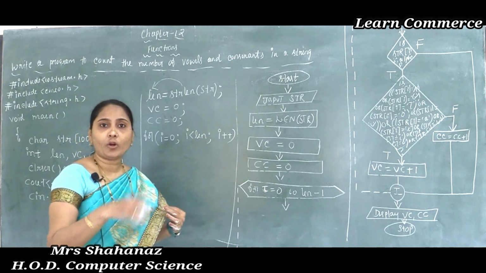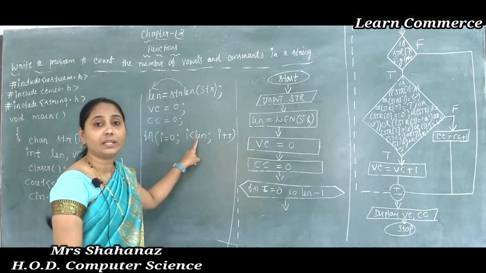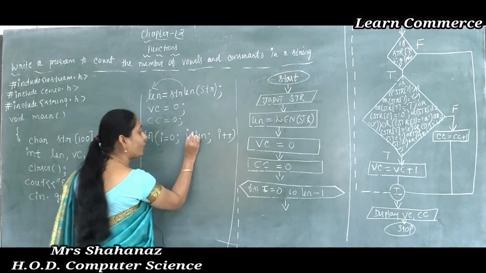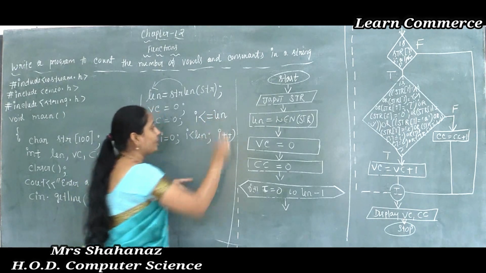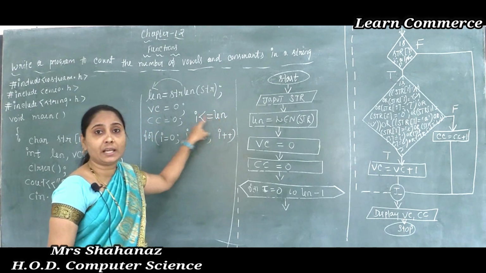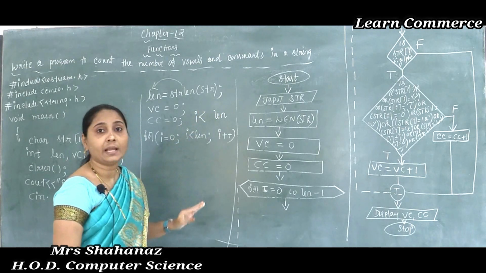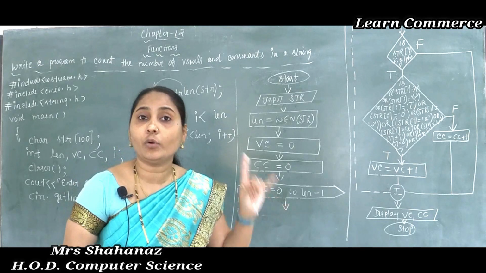Like that, 16 is equal to 16, but here only till the 15th character it is accessed, because if you are using I less than or equal to len, it will reach till 16 equals 16, but if you are not using the equal sign, then it takes the condition just till 15.